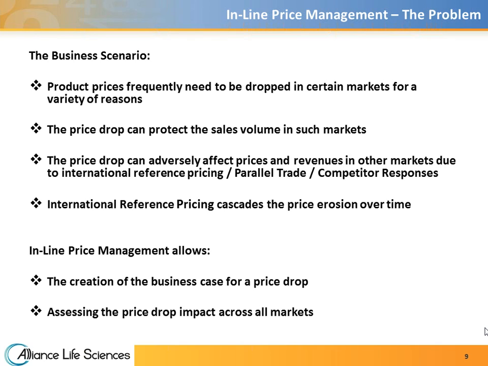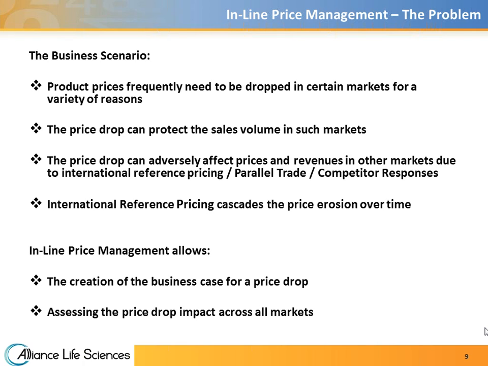There is a reimbursement rule change that forces you to change your prices. Once that happens in one of these markets, for a variety of reasons, we may have to look at how to protect our volume within this market. Or maybe in some situations you may be able to grow your volume in that market by doing that. But those are the price-volume trade-off decisions that come up in every market that you have to make.